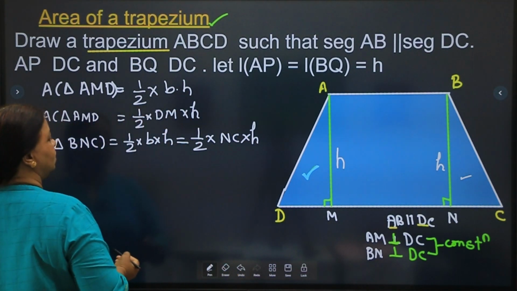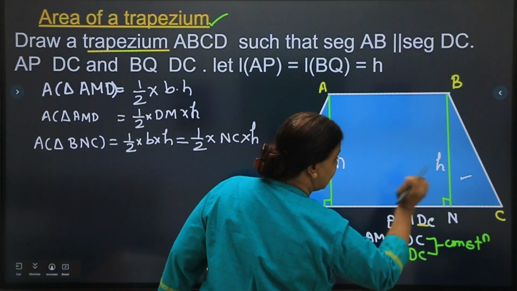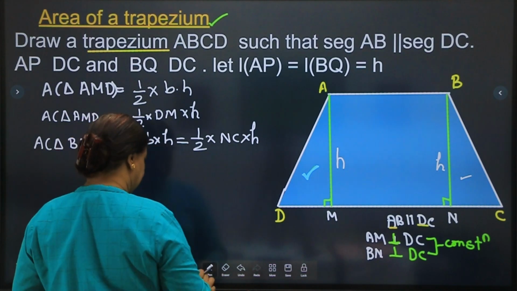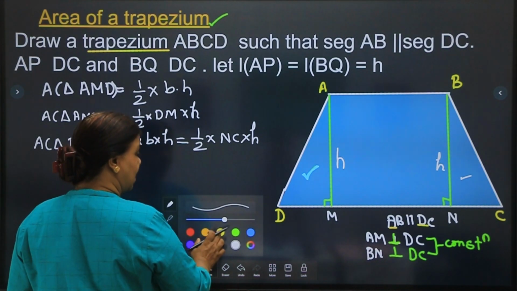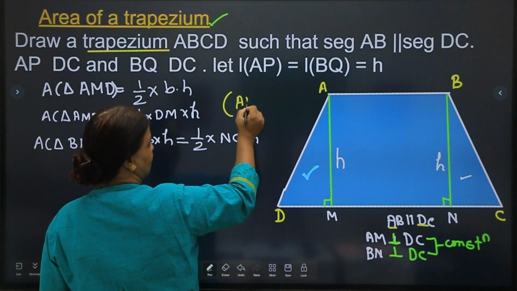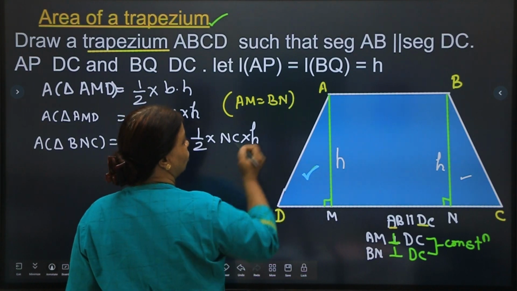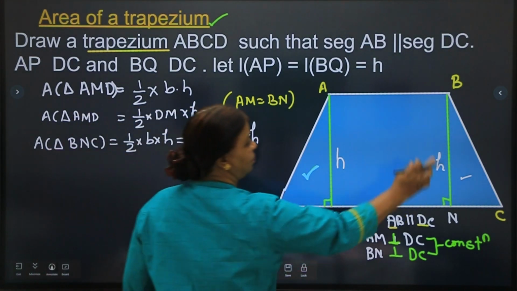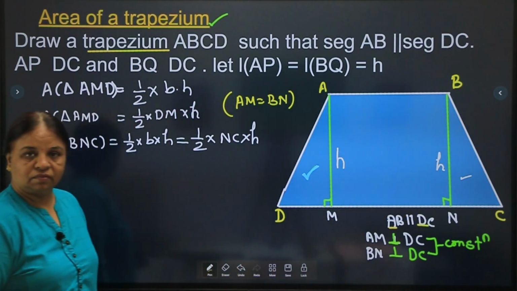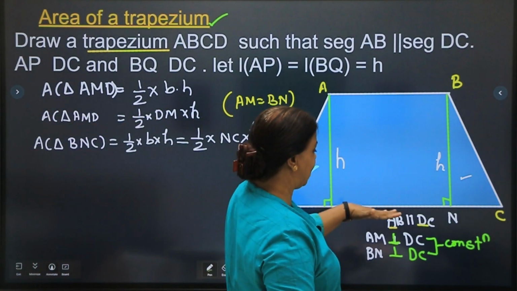Okay. Now see children, AM is equal to BN. I can write here AM is equal to BN. And why? Because the heights of the trapezium are equal to one another, because AB is parallel to DC.